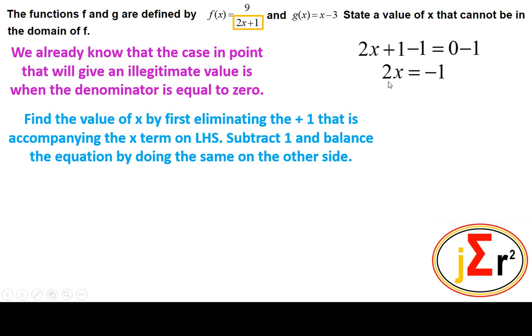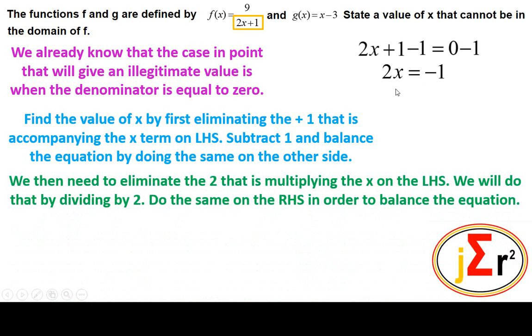Consequently, we have 2x is equal to -1, and we need to eliminate this 2 that is accompanying x by multiplication. We therefore need to eliminate that 2 by the process of division, and we will do the same thing on the right hand side in order to maintain the integrity of the equation, or in order to balance the equation.